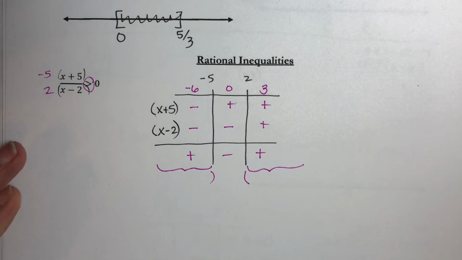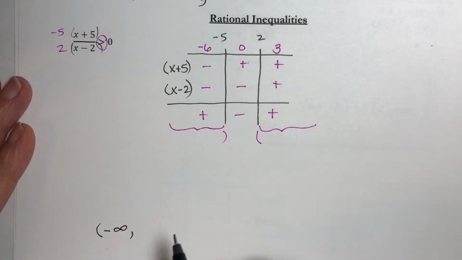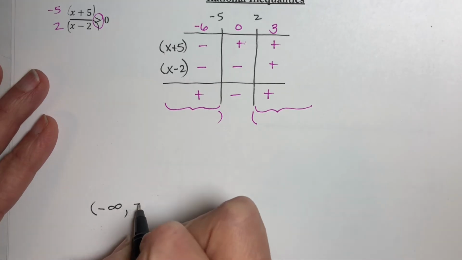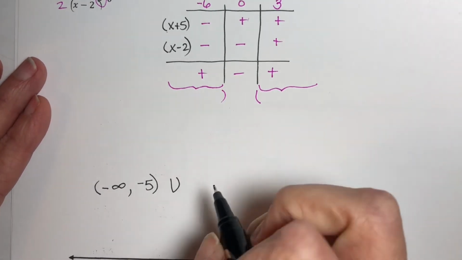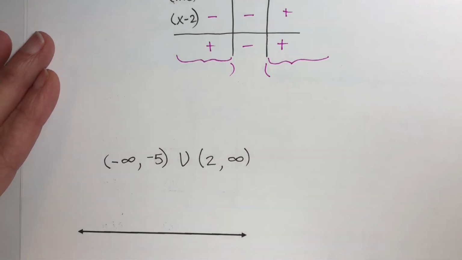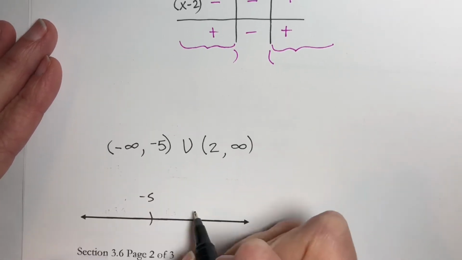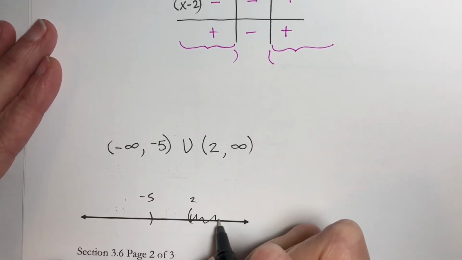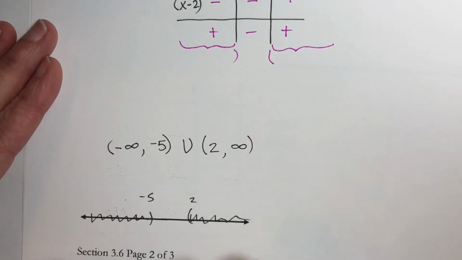So our answer in interval notation here would be from -infinity up to -5, parentheses, union 2 to infinity. And then if you place these on your graph, and then shade, you have your complete answer there.